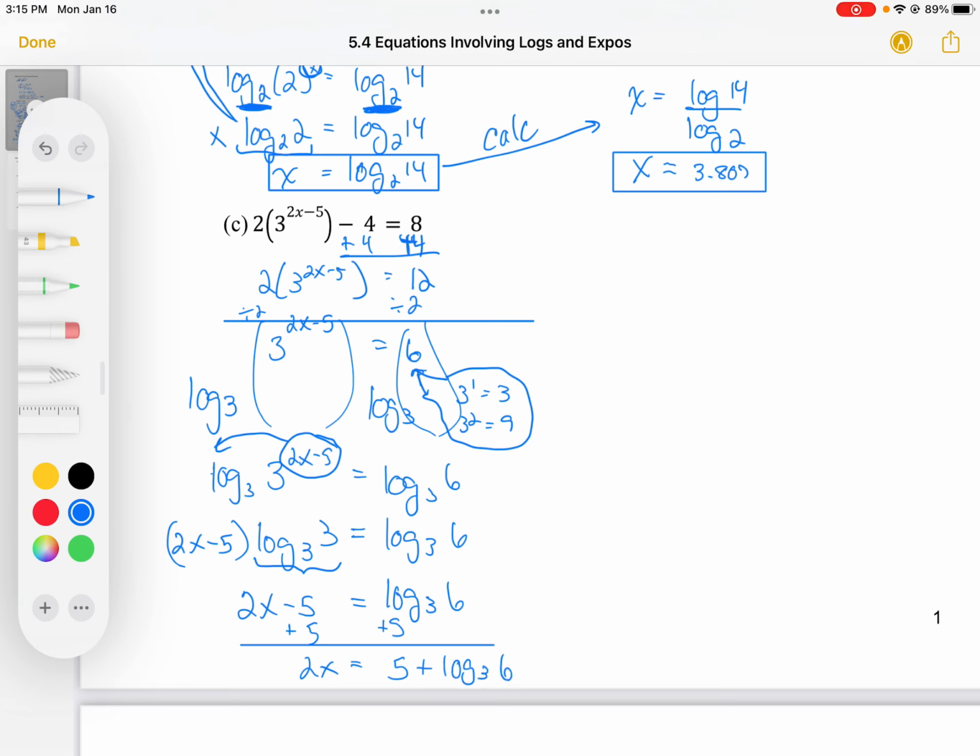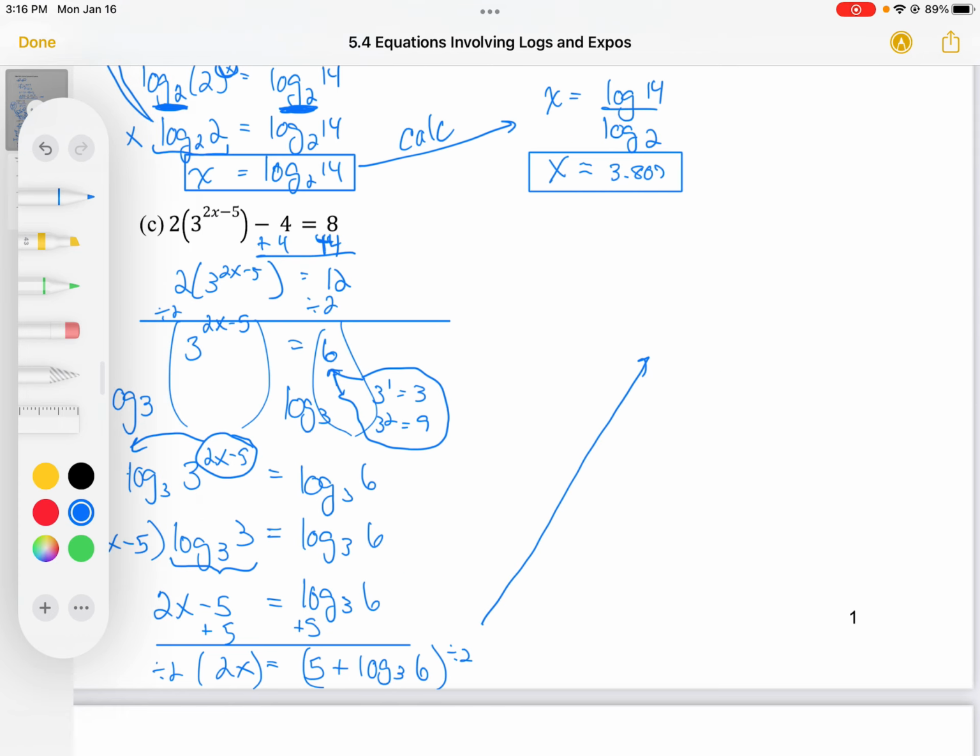And now I'm going to divide both sides by 2. So I'm going to get x is equal to, let's write this as 5/2 plus 1/2 log base 3 of 6.